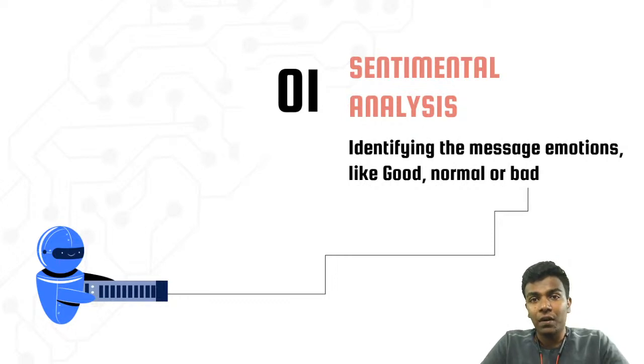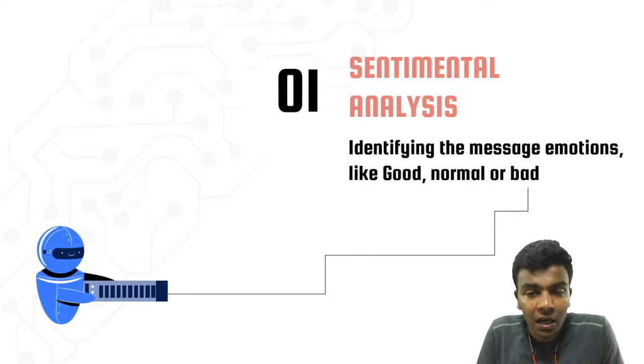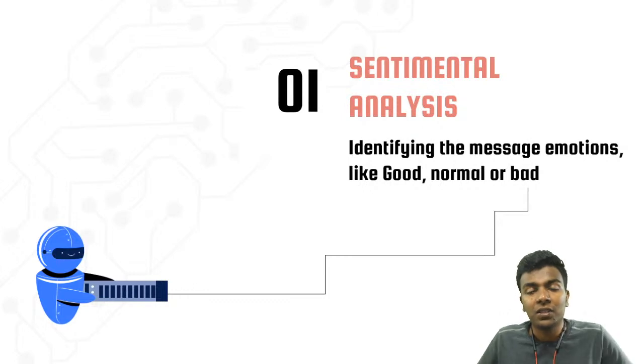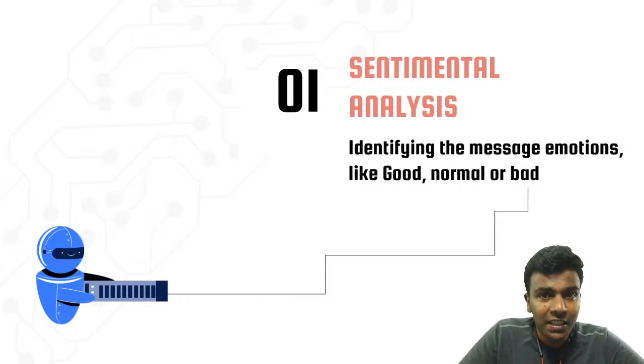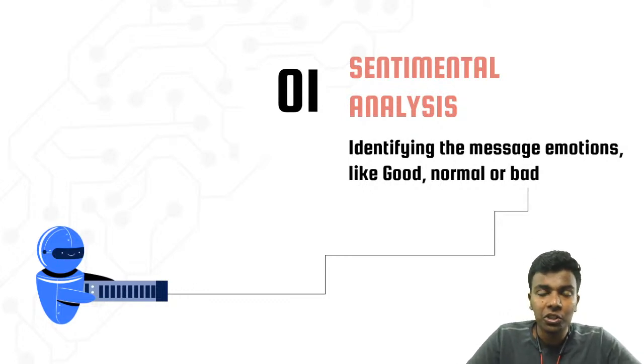That kind of emotions. Here there are three emotions: good, normal or bad. Other than that, there are also threat, anger, happy, sad, disgust, and a lot of other emotions.